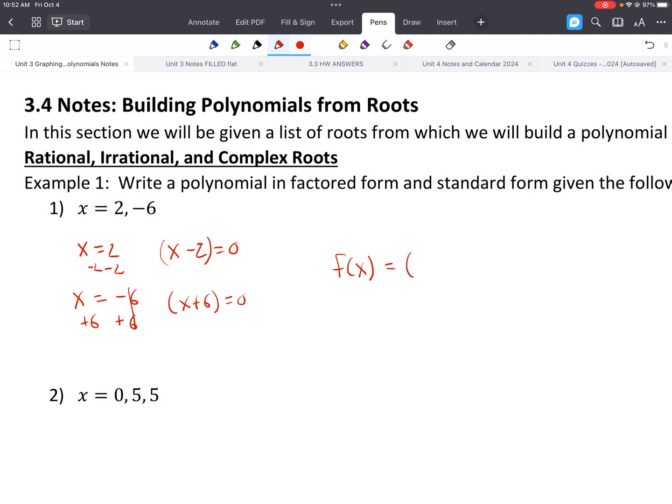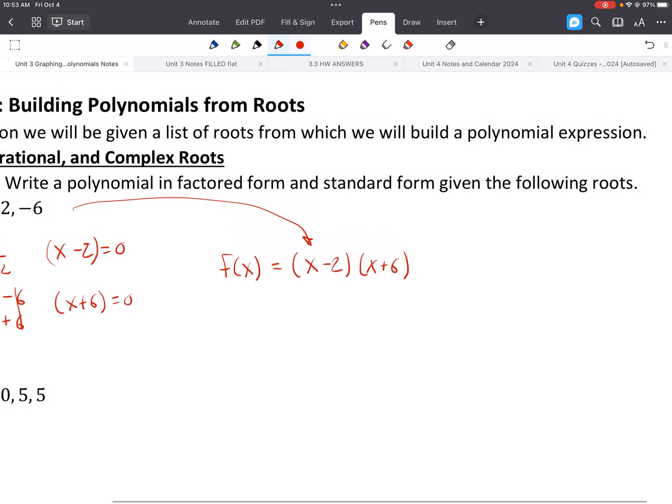So we'll end up getting x minus 2 and x plus 6. So if your roots are just rational numbers, you can pretty much just go straight from here to here, okay? But I'm just trying to keep in mind that we're going the opposite of what we did just above, okay? So this is factored form.